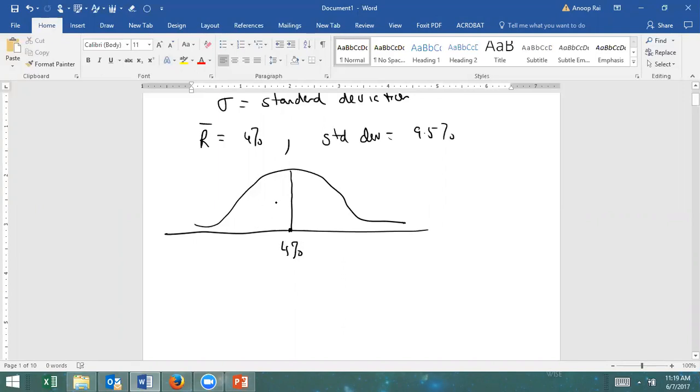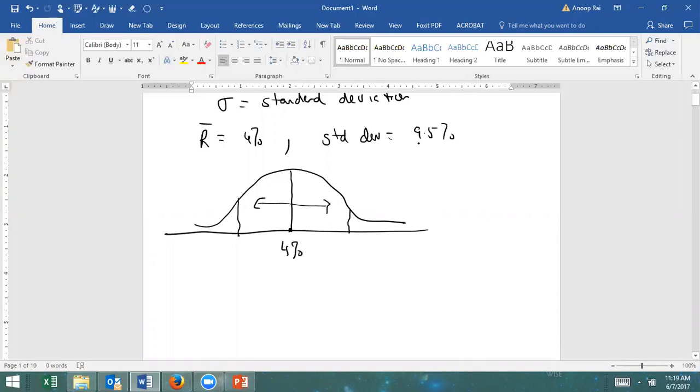Let's say then you want to give it some probability numbers. Well, if it's normally distributed, then what I can do is say, listen, I can give you some estimates. Because I know a normal distribution, I can transform it to a standard normal distribution.